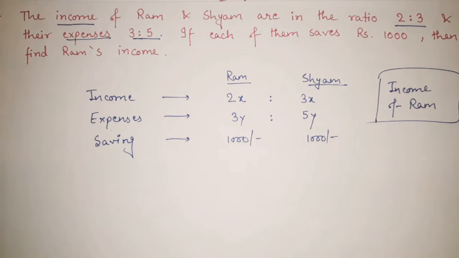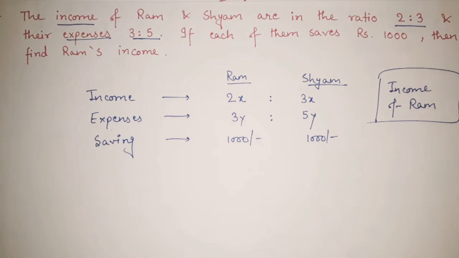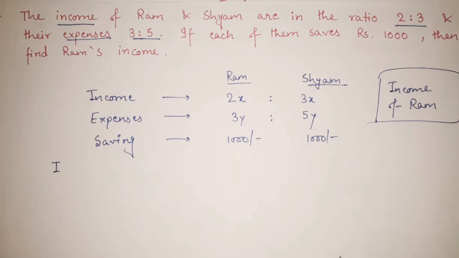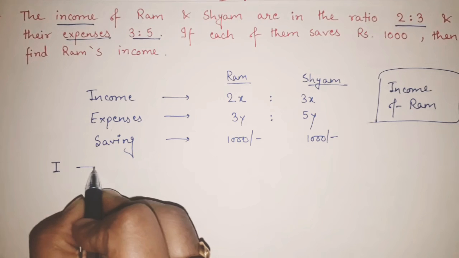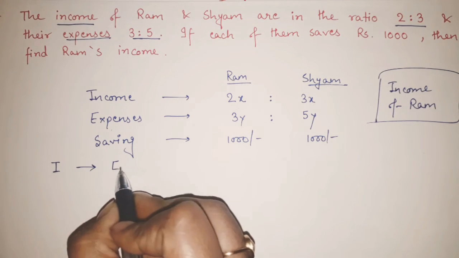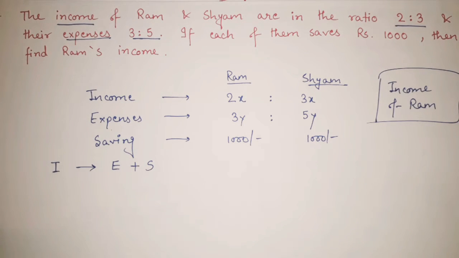Whenever any question is given to you with respect to income, expense and saving, you should know one very general formula. See, not formula, it is kind of like common sense also if you think it logically. Whatever income you are doing, within that amount only you will do your expenses plus you will do your savings. Isn't it obvious?